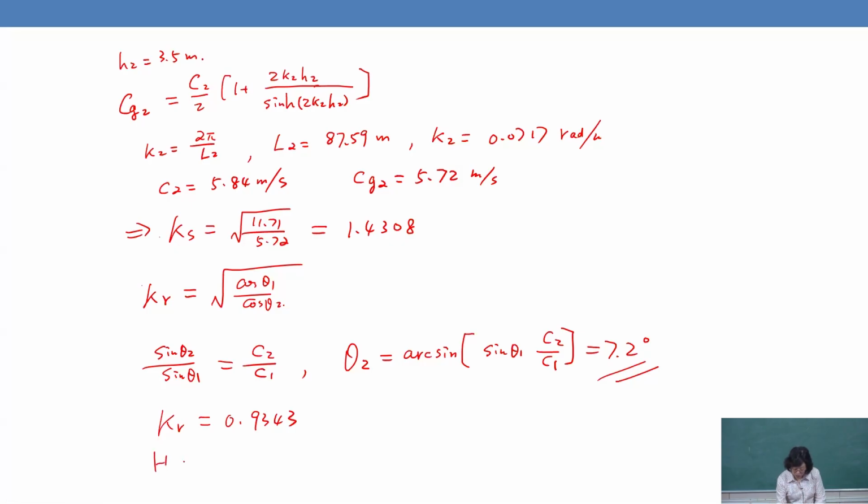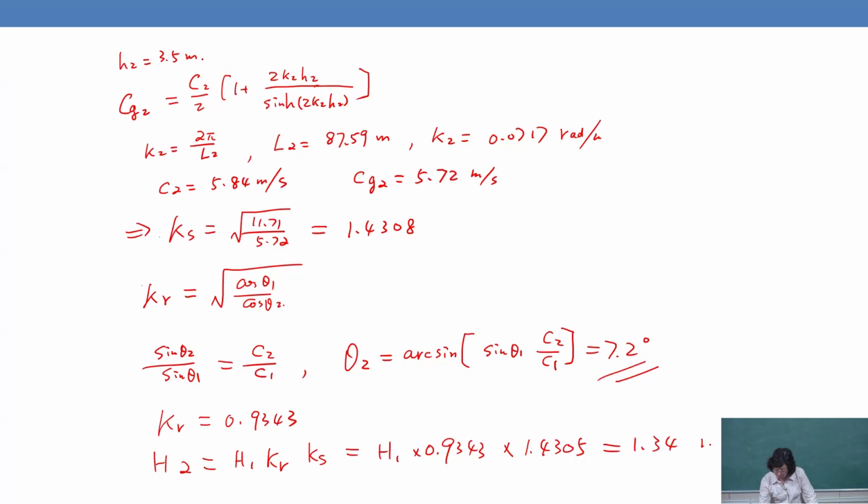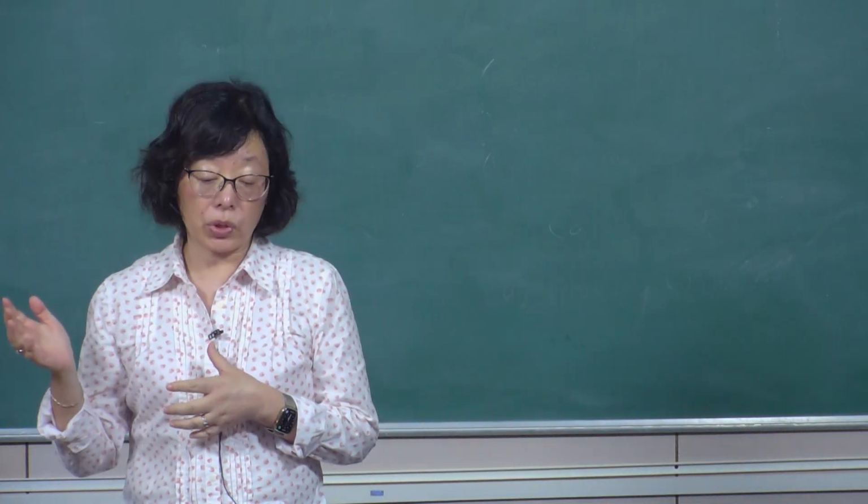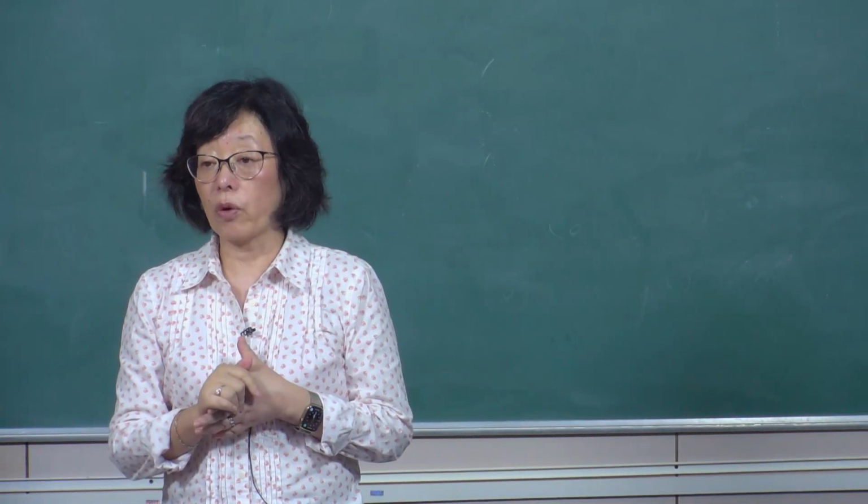So H2 will be equal to H1 times Kr times Ks. One of those is greater than 1, and another one is smaller than 1. So you are able to see this 1 meter deep water wave, after it is propagated to the shallow water, the wave height is 1.34 meters.